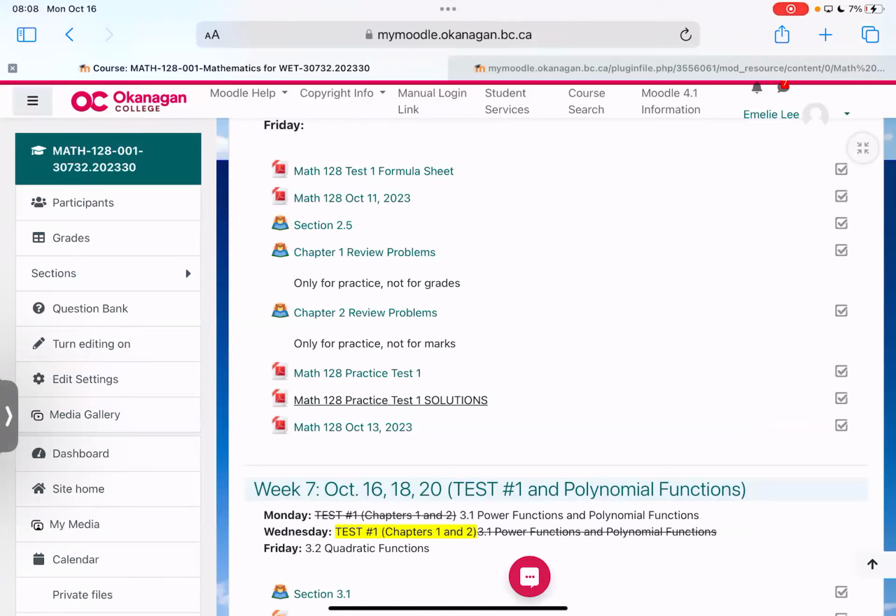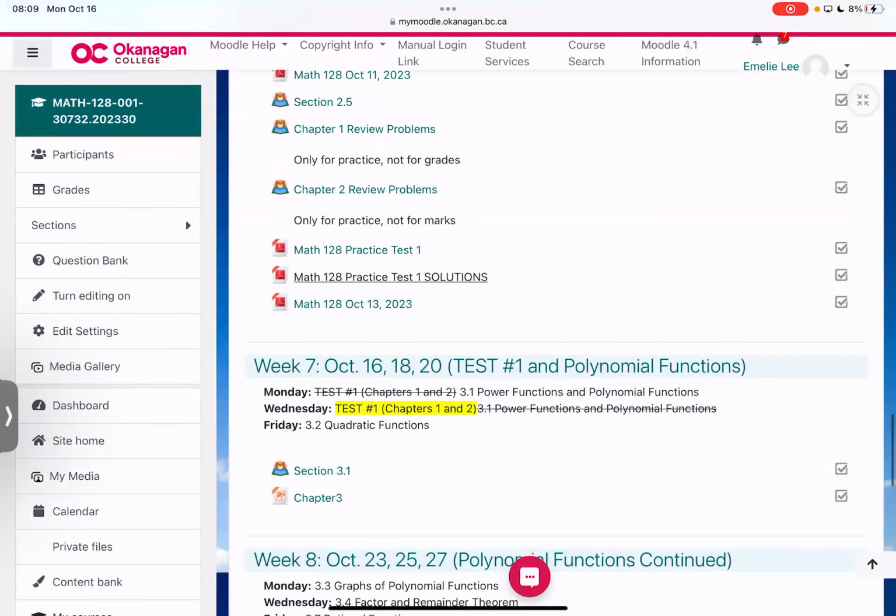Is anyone else able to get it? Yeah, I'm just going through Moodle, but it should work. If not, you can send me an email and I can email it to you. Because you'll want those.